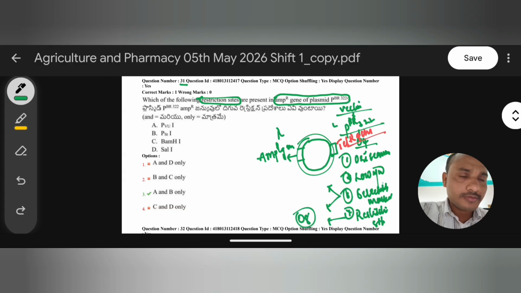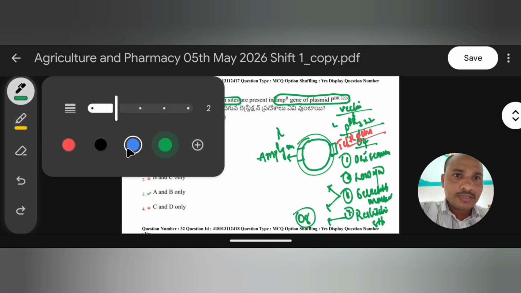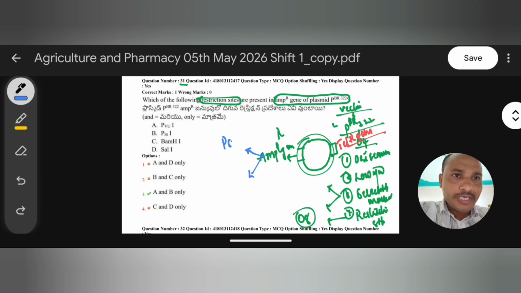So in the question, which of the following restriction sites are present in the ampicillin resistance gene of the plasmid? Remember, in the ampicillin resistance gene, there are two cloning restriction sites: PstI and PvuI. These are the restriction sites present in the ampicillin resistance gene.